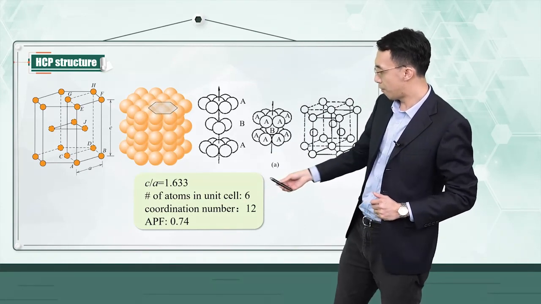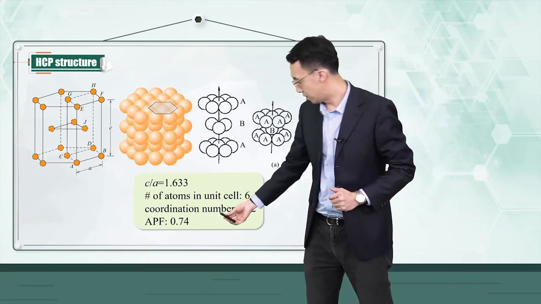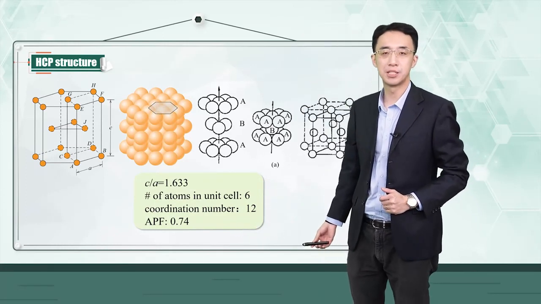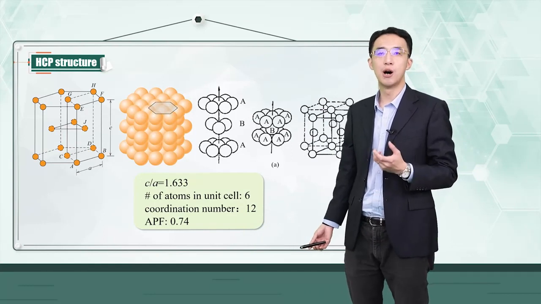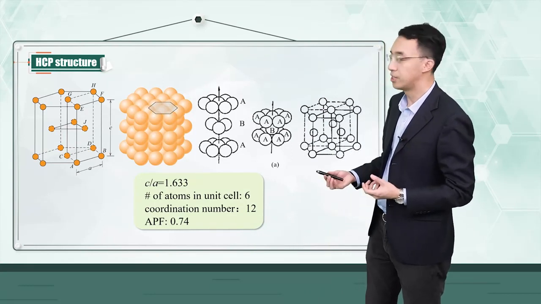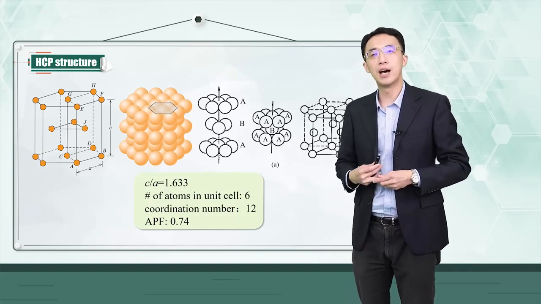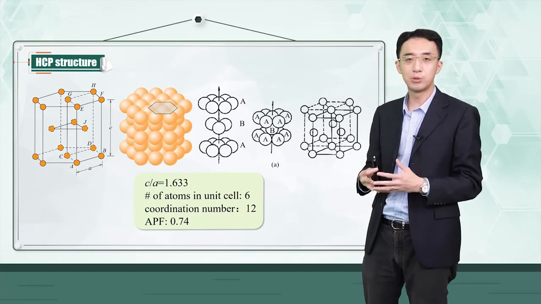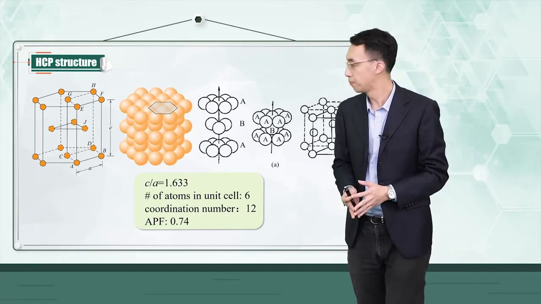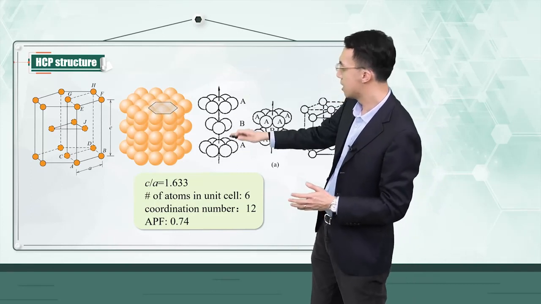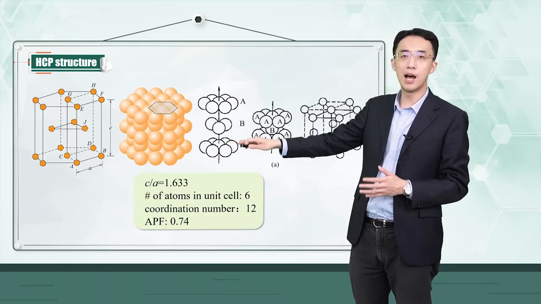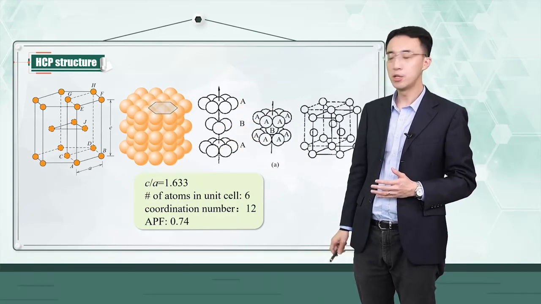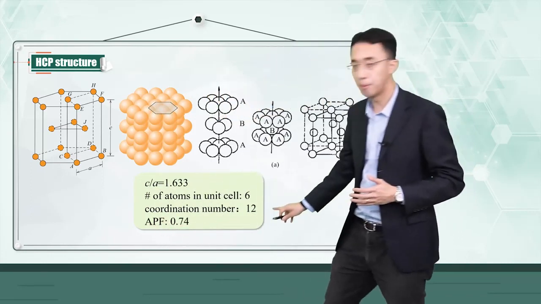And then the number of atoms in the unit cell is 6, coordination number of 12, and atomic packing factor is also 74%, identical to that of FCC structure. Essentially, you will know that the FCC structure and HCP structures are correlated structures where you have closely packed atoms. So this is actually an illustration of how the atoms are packed in these 3 atomic planes in the HCP structure. You can easily get these numbers from the geometry.